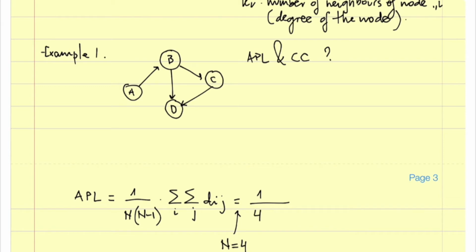So 4 times 4 minus 1. So you're cool with that? Yes? Hello? Are you cool with that? Yeah. Good. Then what is the distance between node A and B.